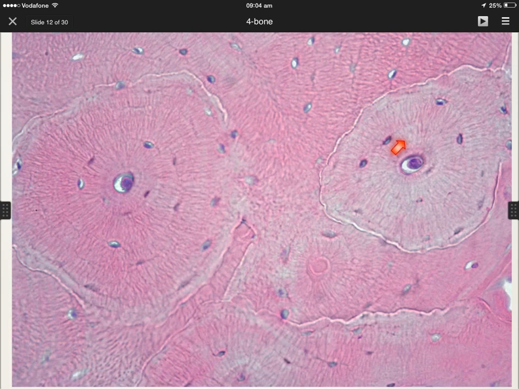These fine lines are processes arising from the osteocytes so that they can exchange with each other the nutrition and the waste products, as the matrix is calcified and no tissue can pass through it. You may be asked about one or two functions of the osteocytes.